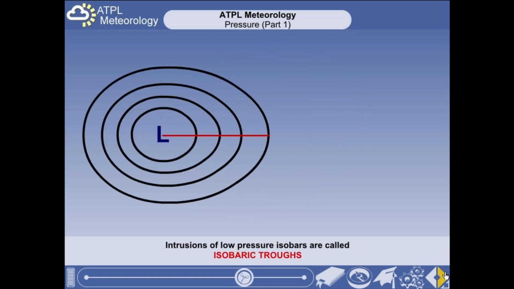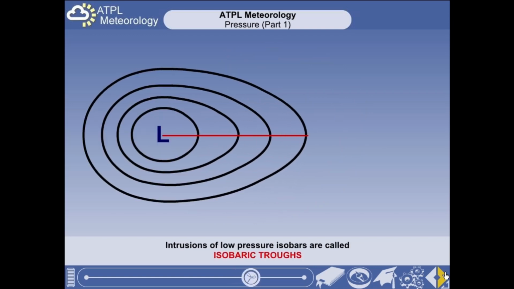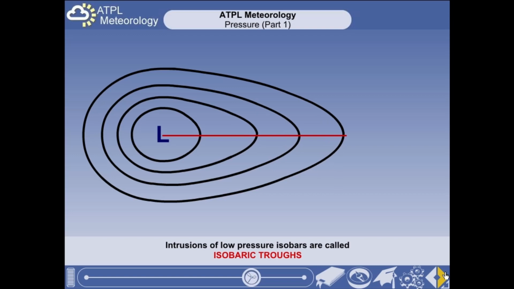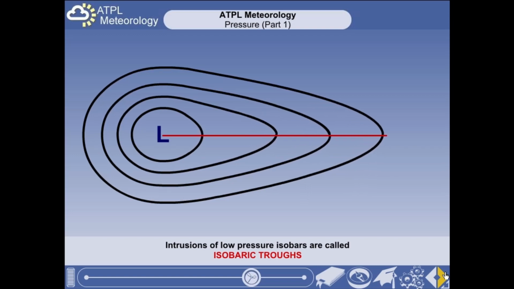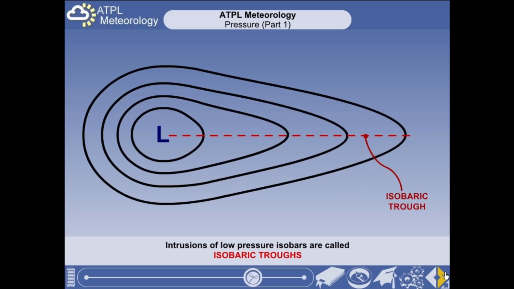If we see low-pressure isobars protruding outwards from the low pressure into an area between two highs, we call this an isobaric trough. As you can see, isobars are a very useful way of visualizing pressure patterns and hence the weather. Next, we will take a look at high pressures and how they are depicted.